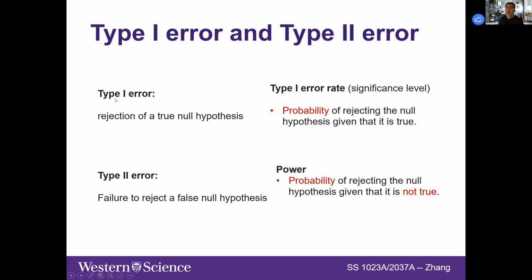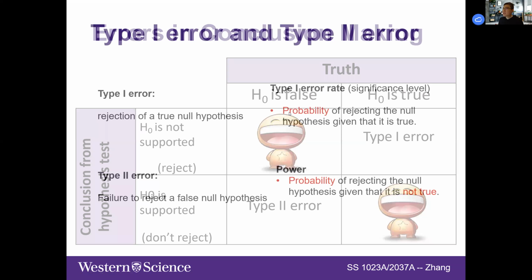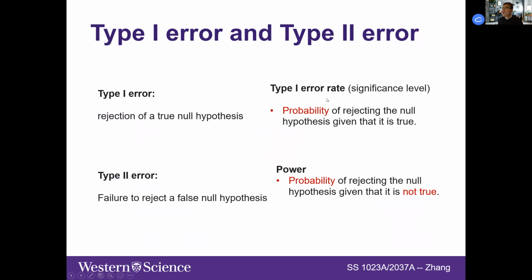Based on the type 1 error, we also define the so-called type 1 error rate, which is basically the percentage of type 1 errors. It's the probability of rejecting the null hypothesis, given that the hypothesis is true. So we are looking at this column because that's the condition, and we are looking for the percentage of type 1 error in this column. That's the calculation for the type 1 error rate.